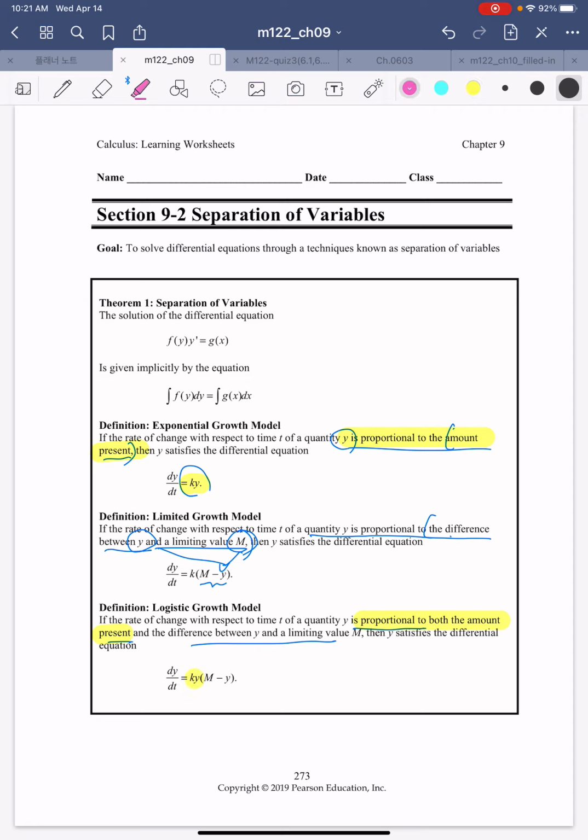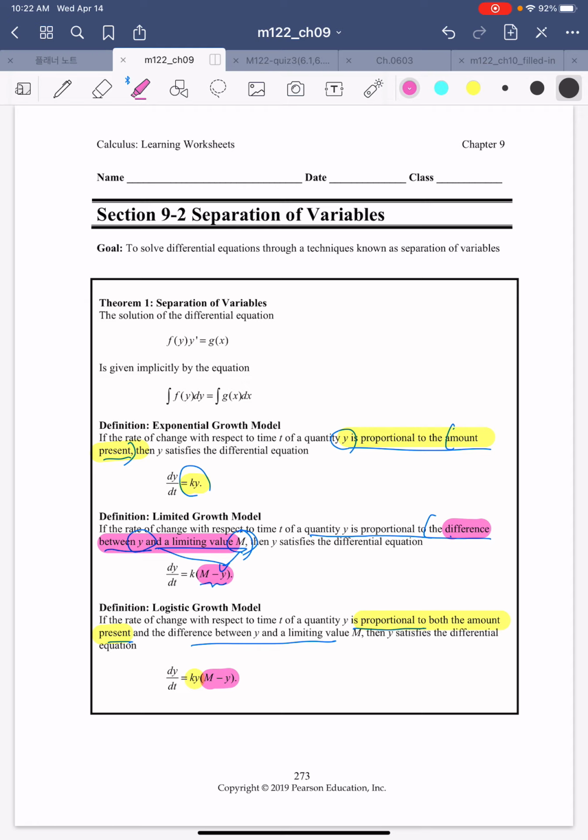And then you see the difference between y and the limiting value M. So in a sense, it's a combination of exponential and limited growth. When you are reading the question, look for the keyword. Is it the difference between y and a limiting value, or is it both the amount present and the difference between y and M? So you can distinguish between the three.